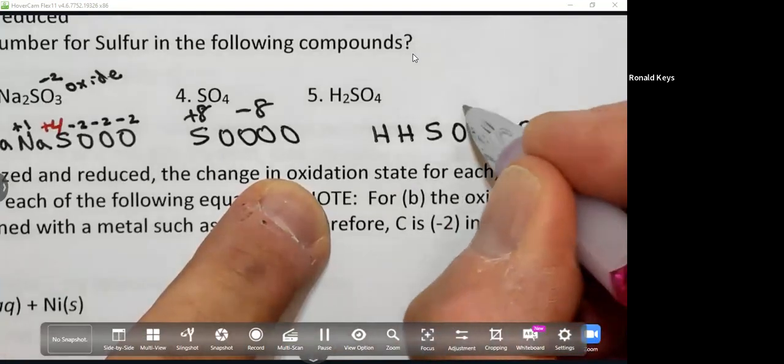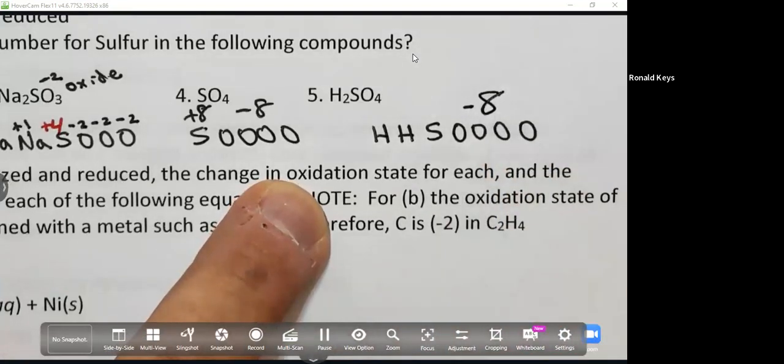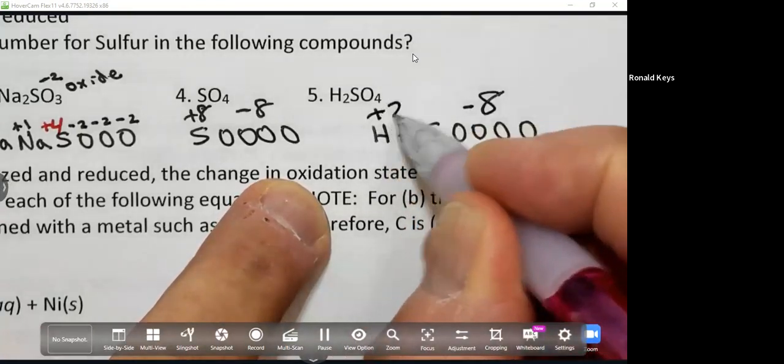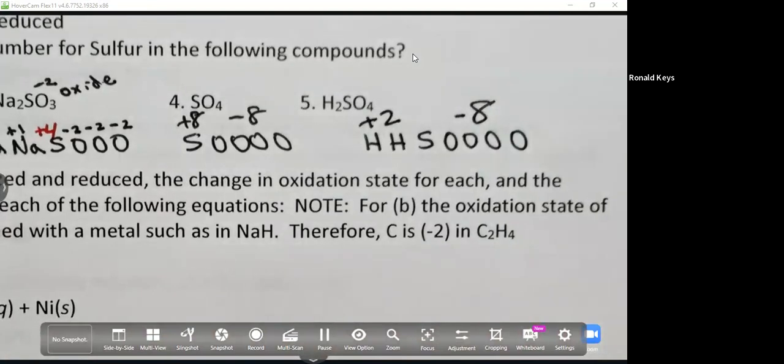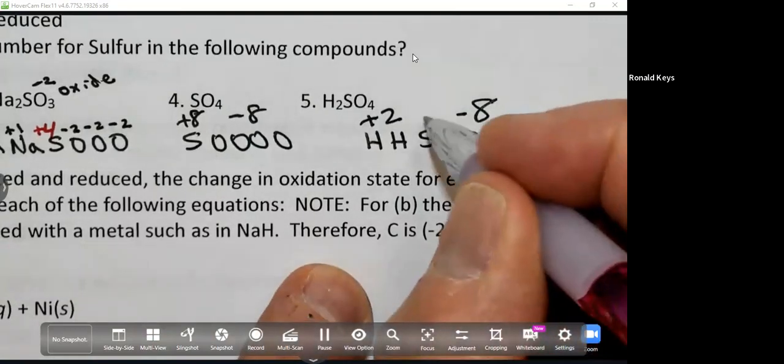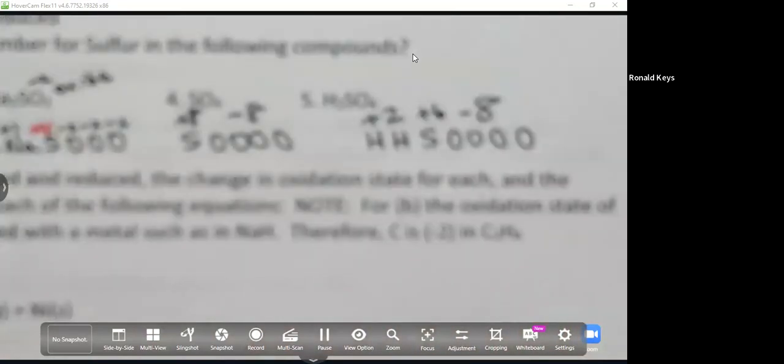My 4 oxides here are going to give me -8. My 2 hydrogens here are going to give me +2. So +6 on my sulfur, right?